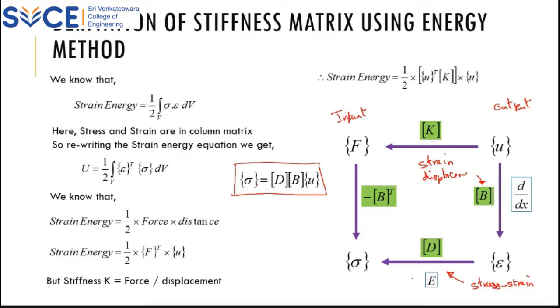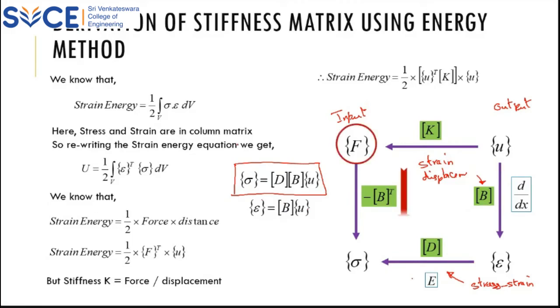This is a common formula. Similarly, if I want strain, strain is B into U. Whatever the B matrix, I multiply with the displacement U, I will get the strain.